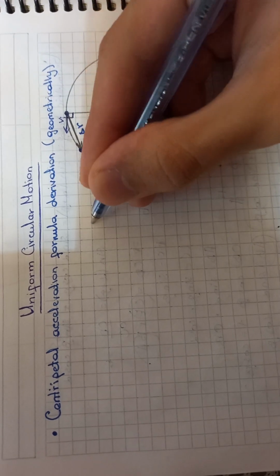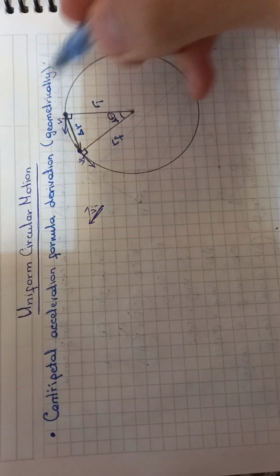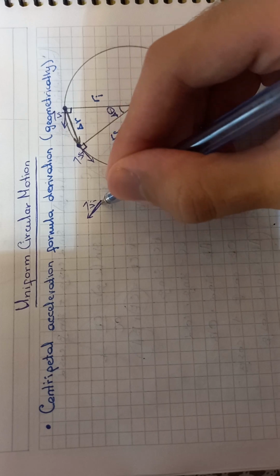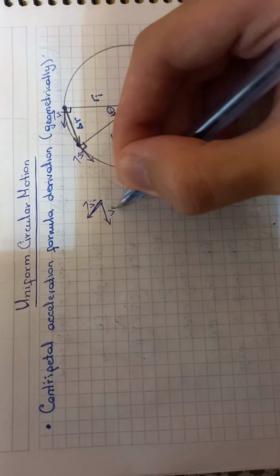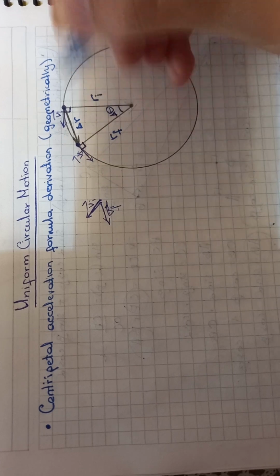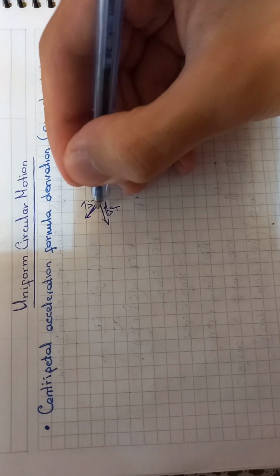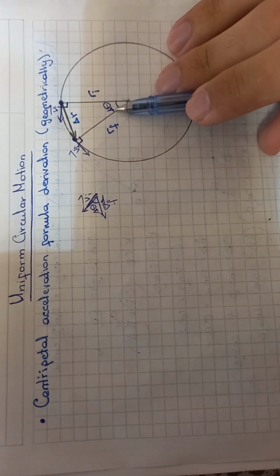Let's say this is initial velocity, which is going to be here, and this is final velocity. It's not exactly the same, but I'm sure you understood what I meant. So this angle here is going to be the same as this angle here.